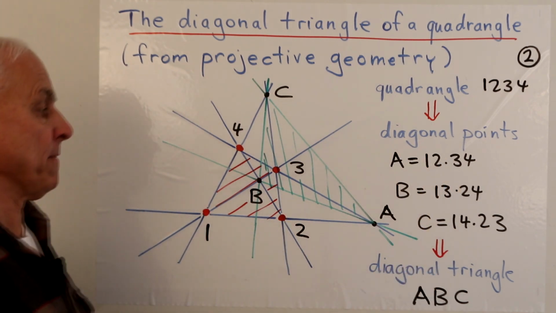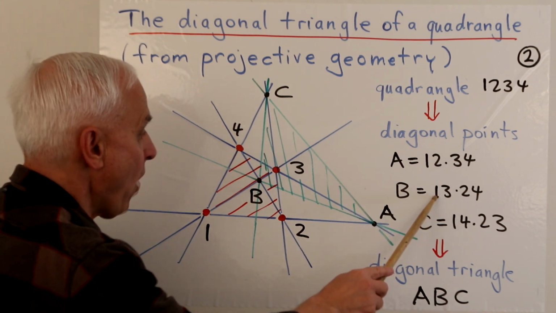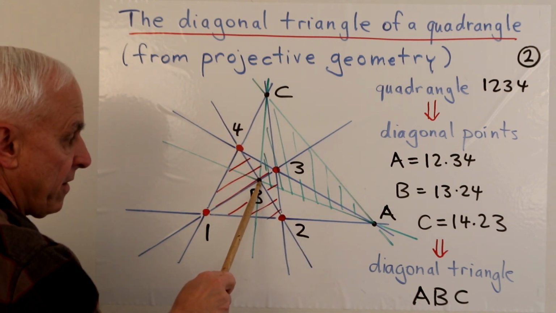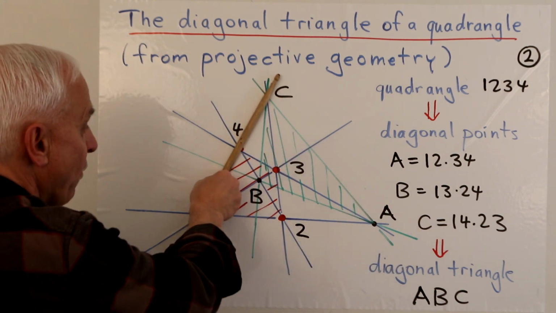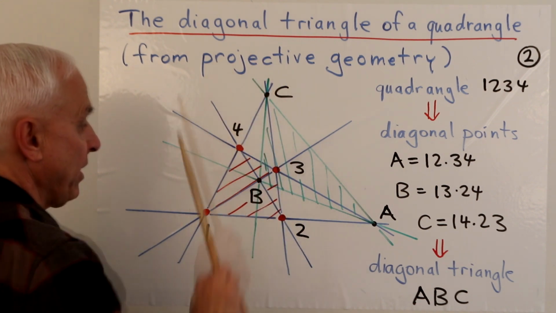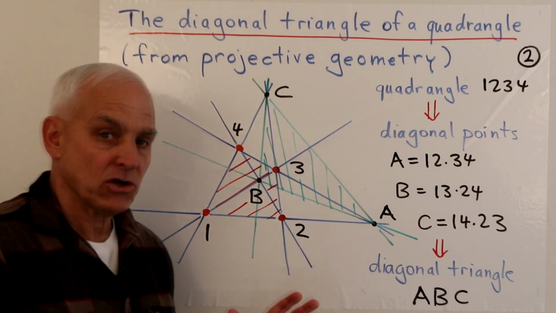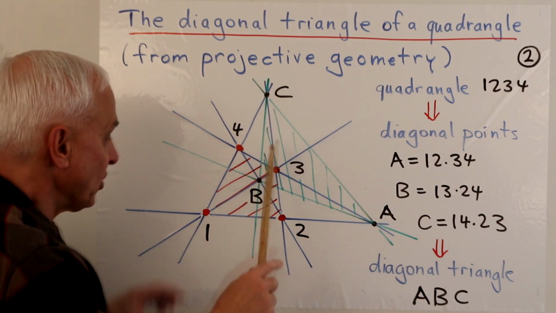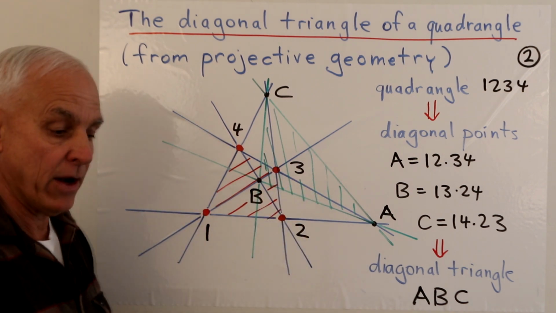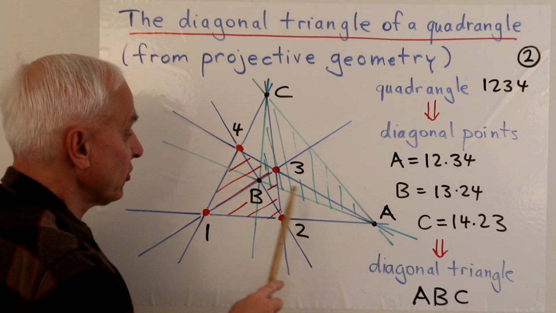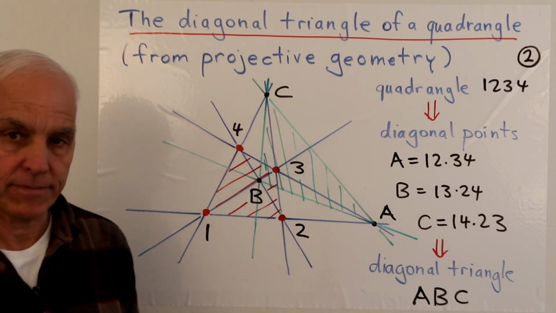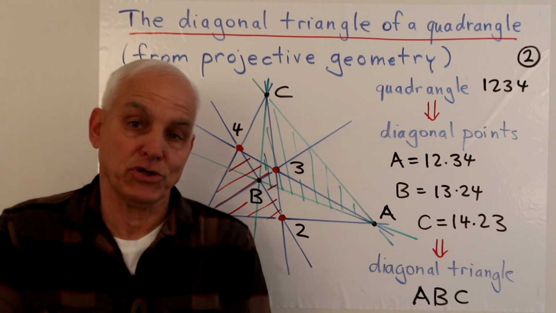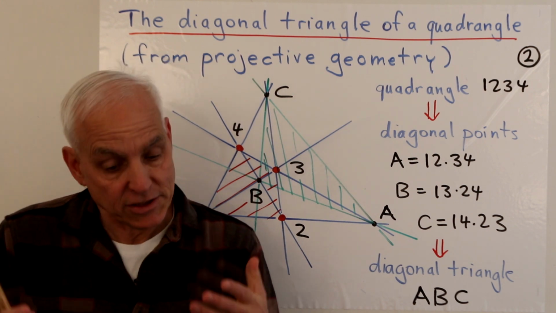And let's call it A. Correspondingly, there's also the meet 1, 3, 2, 4, the meet of 1, 3, and 2, 4. So that's B, that's right there. And C, the meet of 1, 4, and 2, 3, that's up here. So the diagonal triangle is this triangle ABC, formed by these 3 diagonal points. So we start with this quadrangle of 4 points, and we get this diagonal triangle ABC. It's a very fundamental kind of construction in elementary projective geometry that illustrates the 3 to 4 bridge.